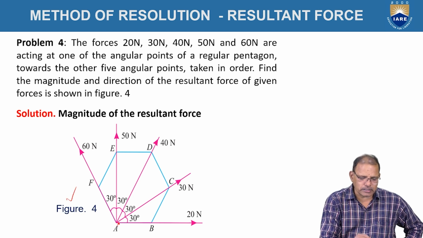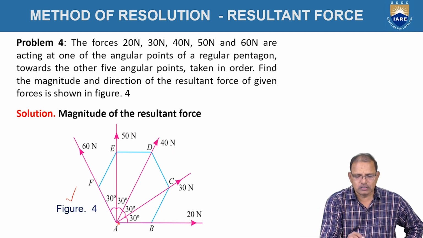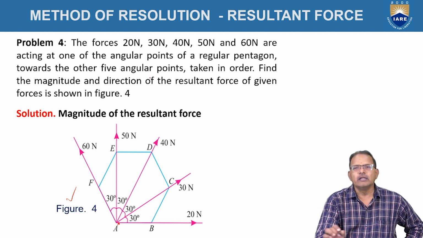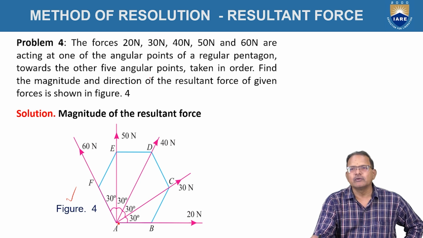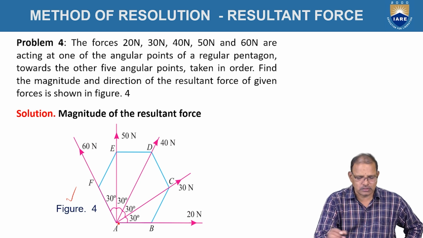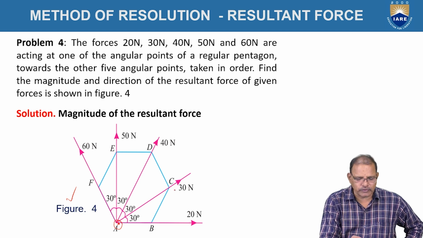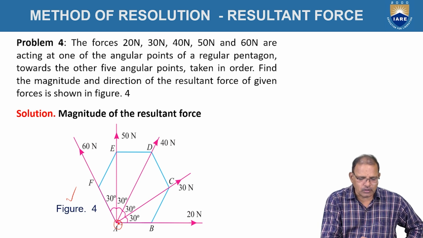Here, point A is treated as one corner now. The 5 forces are passing from the corner, and the direction is moving toward the remaining corners of the pentagon as shown in the figure. That is, A is nothing but the starting point where the forces are acting.